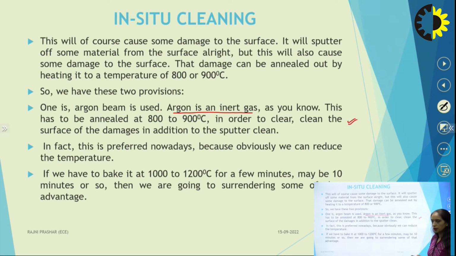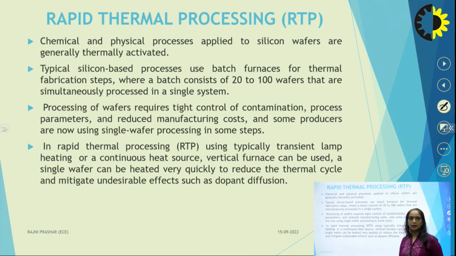Sputtering can be managed, and we can heat up the wafer so that dislocations can be taken care of. Instead of that, baking the wafer at high temperature means we are going to surrender some of the advantages of molecular beam epitaxy.